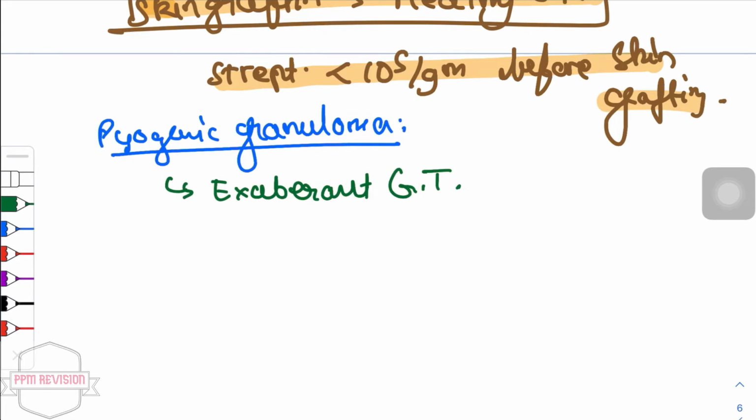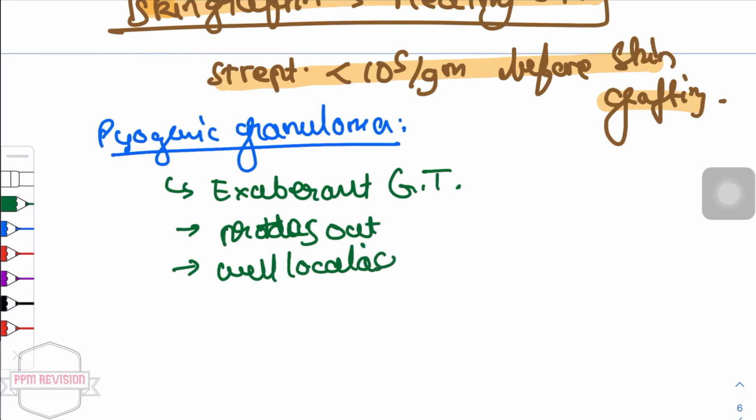It is granulation tissue from an infected wound or ulcer. It protrudes out, it is well localized, and it bleeds on touch.